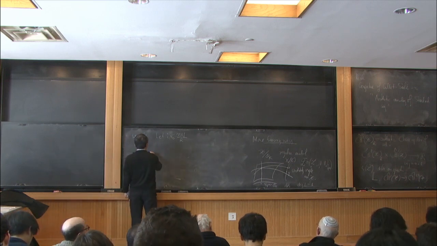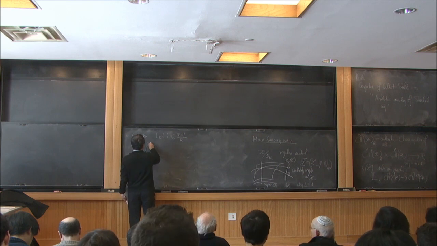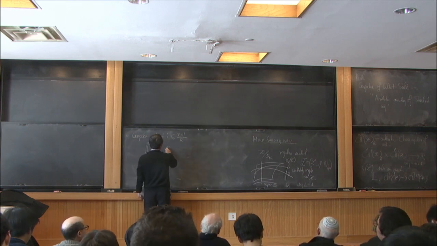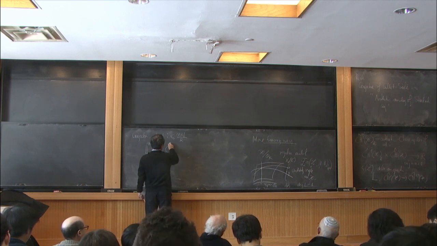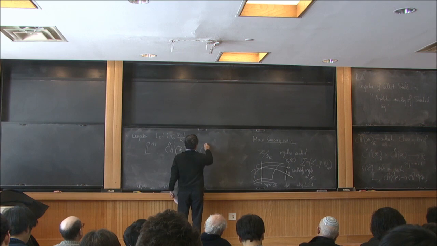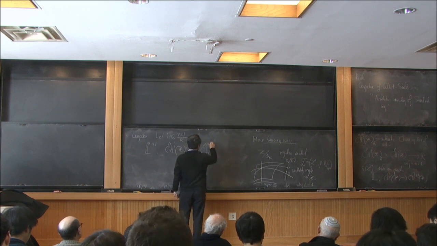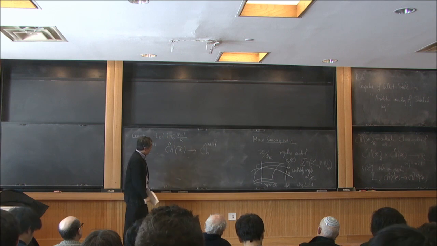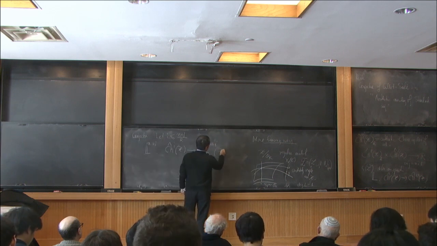Then we have this operator L^(m+1-2i) from Ch^i(x) to Ch^(m+1-i), where m plus 1 is the dimension of the arithmetic variety x.